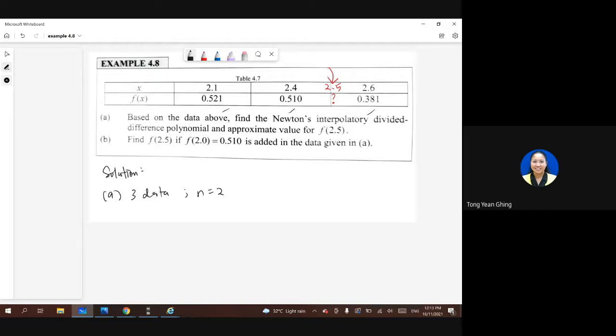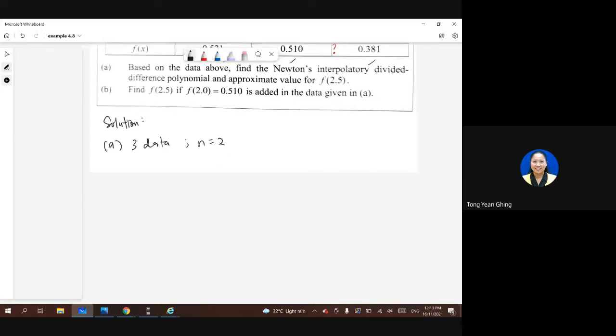So, first and foremost, we just do the divided difference first. So, kita kena perlu buat divided difference dulu. Construct the divided difference table.